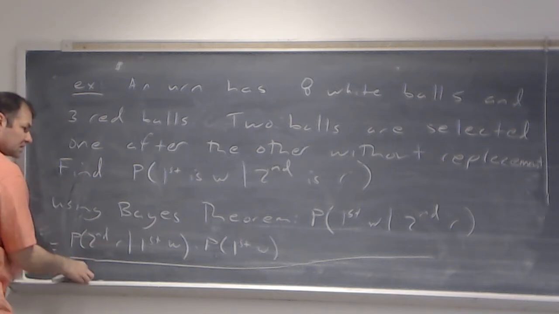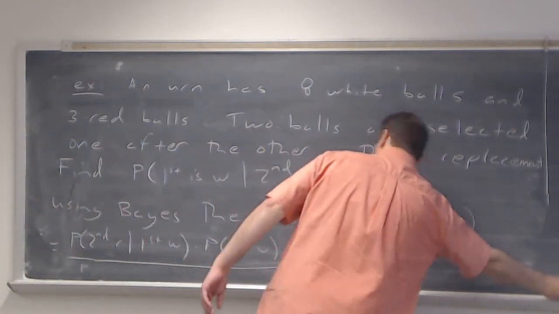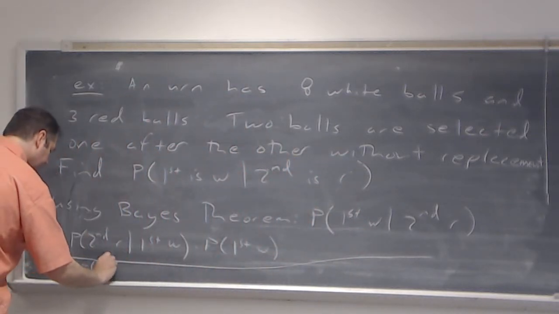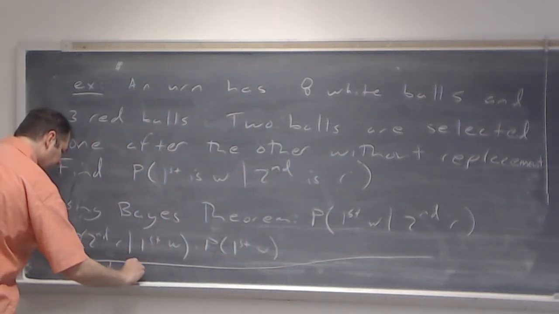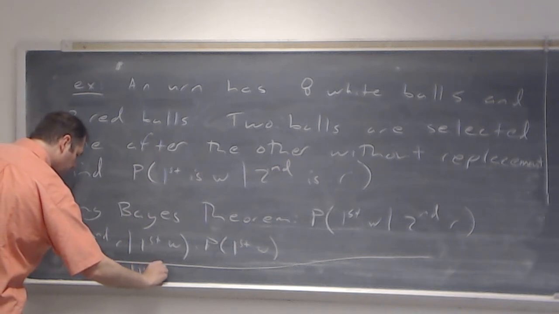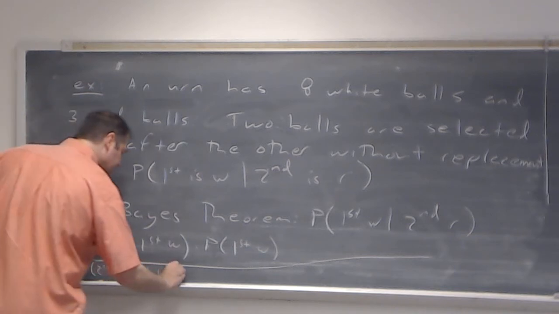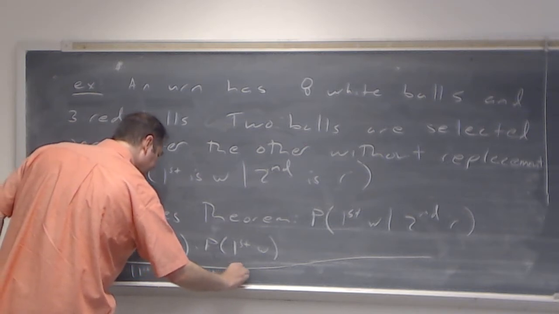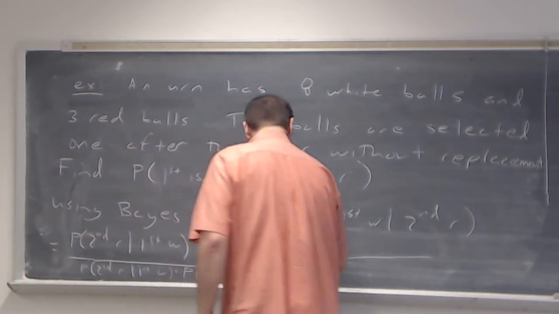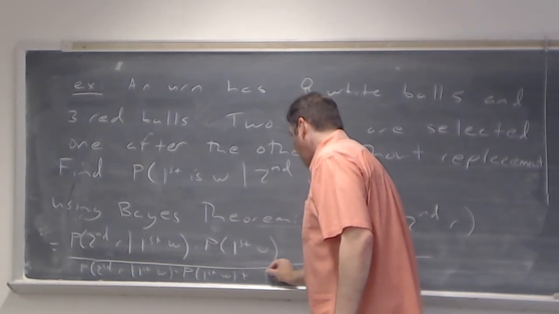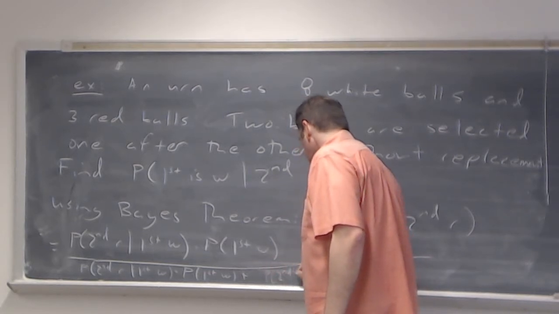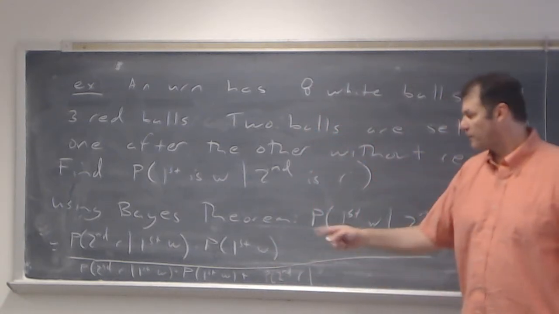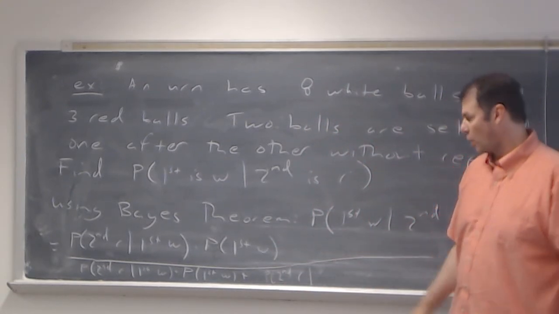So this is the probability that the second is red, given first is white, times the probability that the first is white, plus, as Bayes' theorem says, the probability the second is red, given the opposite of the given part over here.